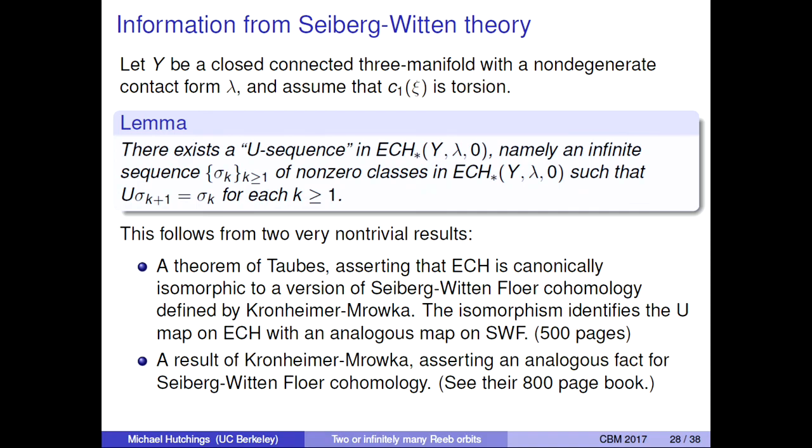In particular, Kronheimer and Mrowka proved an analog of this statement for their Seiberg-Witten Floer cohomology. So you can read their 800-page book, which explains how to construct Seiberg-Witten theory and prove this and many other things. Then you combine that and you get this lemma. So that's the input from Seiberg-Witten theory, without which we wouldn't be able to do anything.